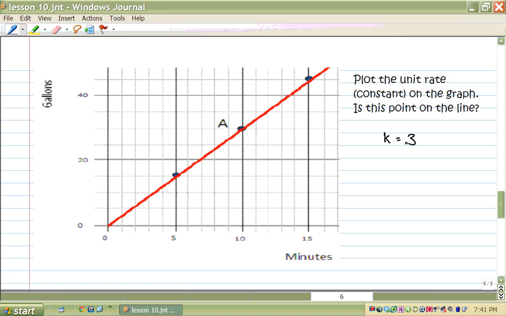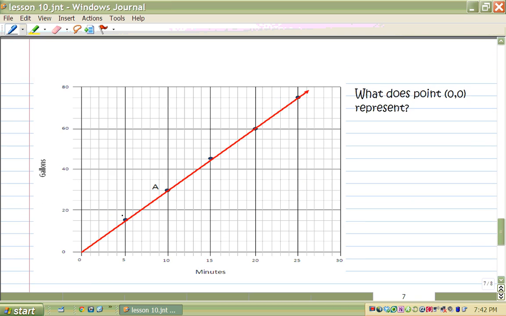Now if you remember, the points that have to be on are 0, 0, and 1, r, where this r here is your constant of proportionality. Okay, so in other words, this point is what I'm going to plot. Starting at the origin, I go to the right 1, and then I'm going to go up 3. Hey, look at that. It's on the line. Pretty cool, huh? Just like we expected it to be.